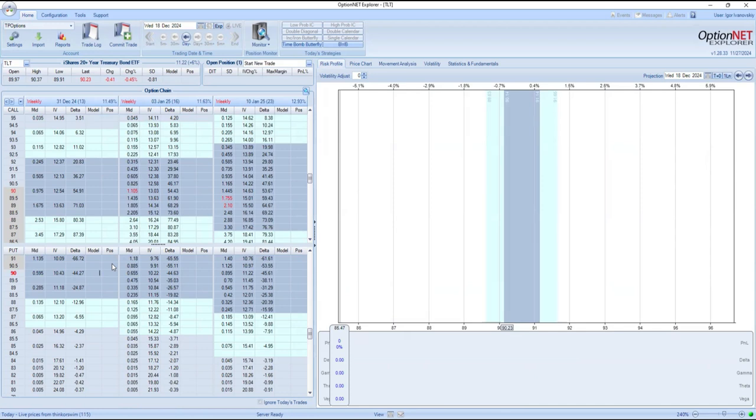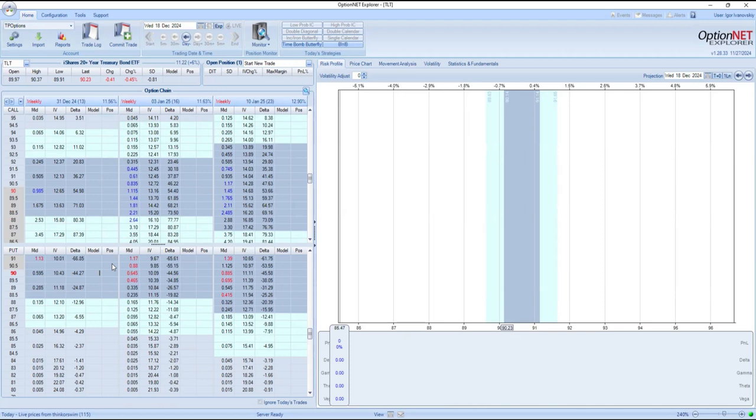But I think the best way to do this is just, if you're going to buy 100 shares at 90, just have $9,000 in the cash account allocated towards this strategy. If you're going to do it in portfolio margin, obviously your requirement is going to be much lower, but you have to plan for it as far as capital goes. You have to understand that if you get assigned, you need to know how much money you need to have in your account in order to hold shares long.